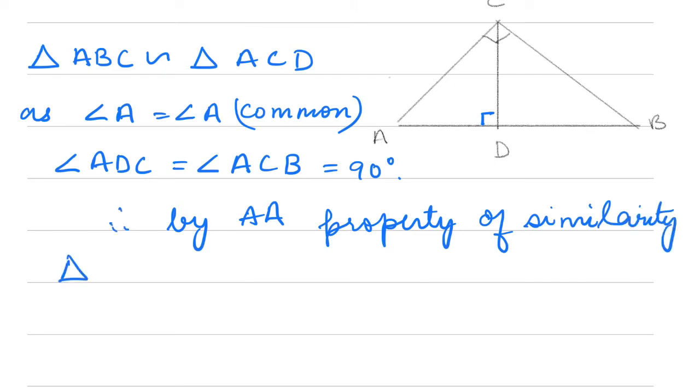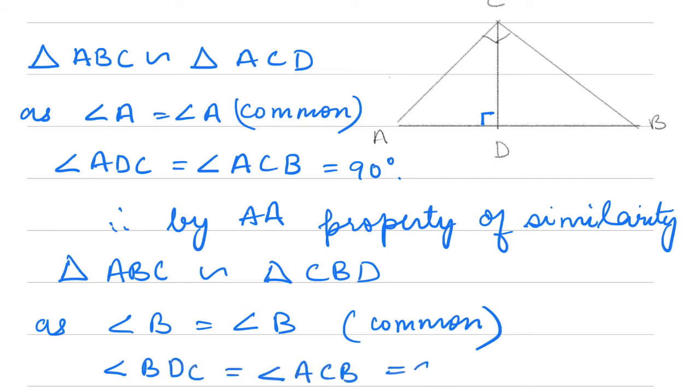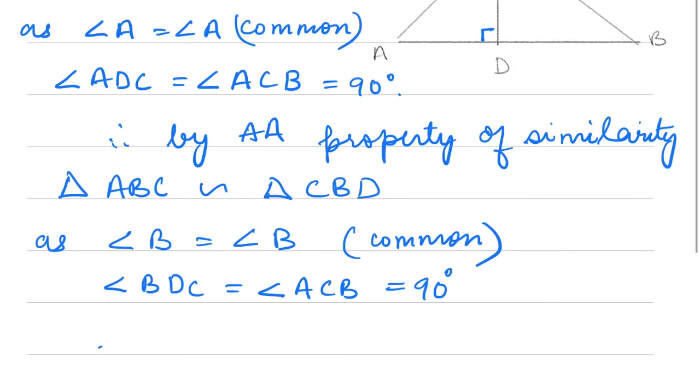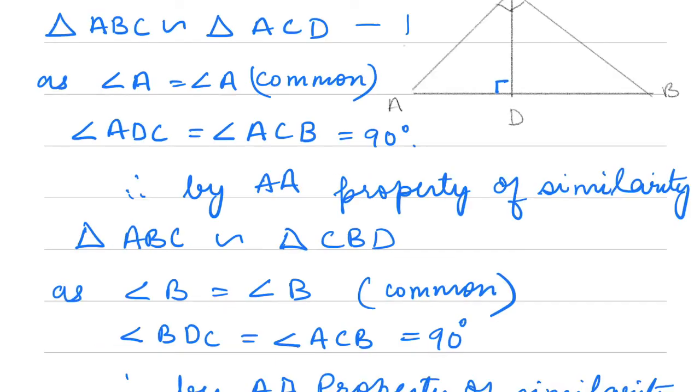Now triangle ABC is also similar to triangle CBD, as angle B is equal to angle B, because that's the common angle here. Angle BDC is equal to angle ACB is equal to 90 degree. So therefore these two triangles are also similar by AA property of similarity. Let this be the first equation and let this be the second similarity.